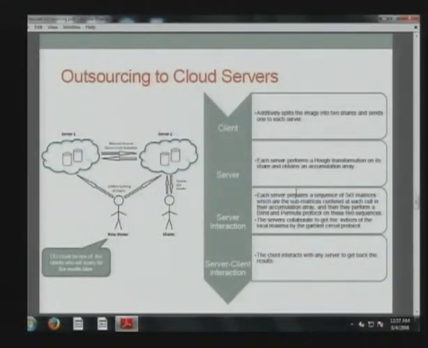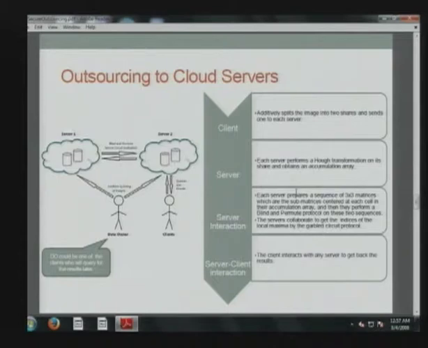So he splits the image into two shares and sends one to each server. Now each server gets an image, but this image is meaningless because it's already split, and each pixel looks like a random number. So the server cannot gain any information about the image by seeing one share.